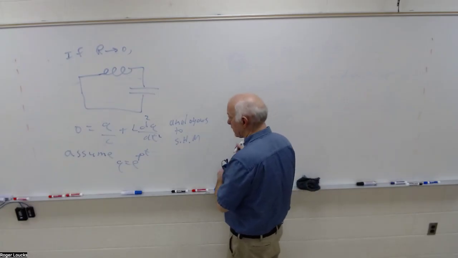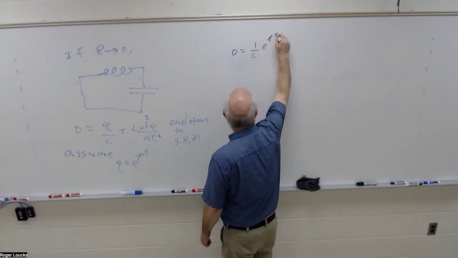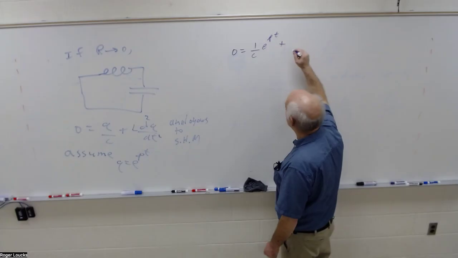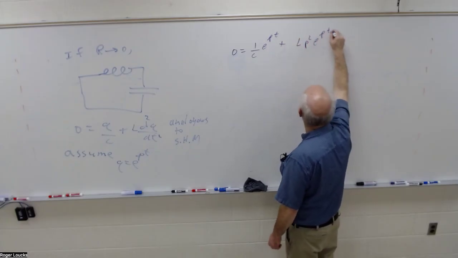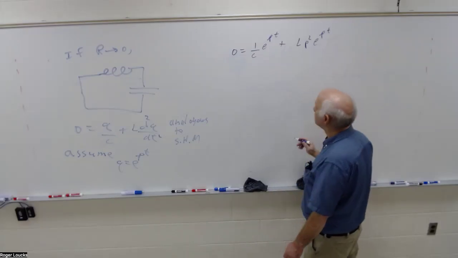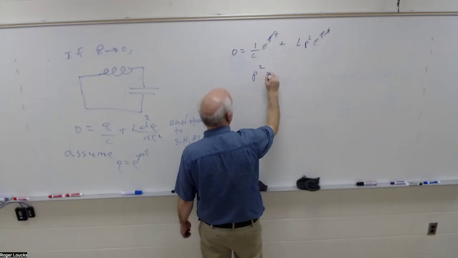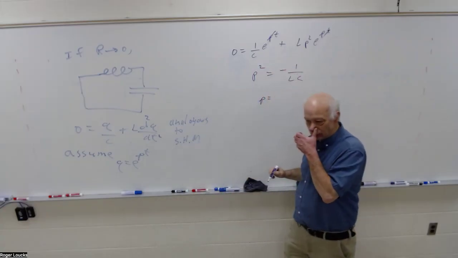If I do that, I get 0 equals 1 over C e to the pt plus, with 2 derivatives here, L p squared e to the pt. They cancel out. This gives me p squared equals minus 1 over LC. So you know p equals what?